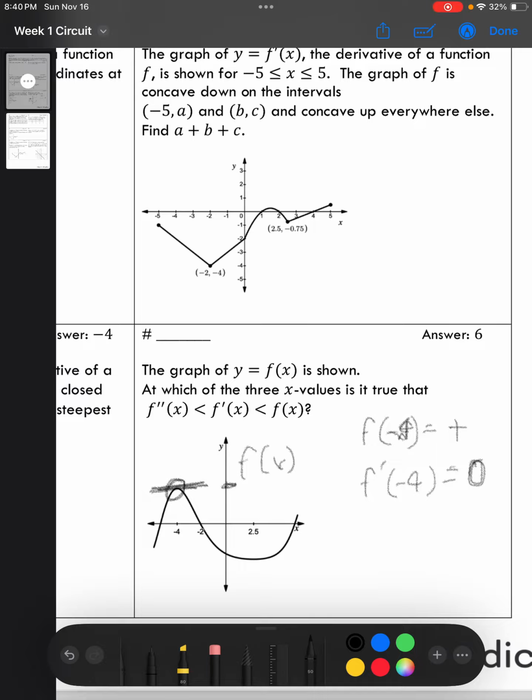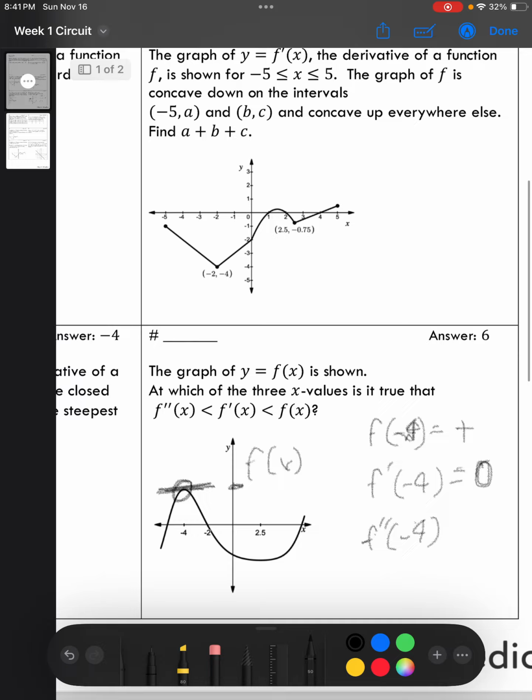But f double prime of -4, so we see here that f prime is increasing, then decreasing... never mind, let's forget that. But since we need f double prime of x to be less than f prime of -4, which is 0, this needs to be negative.